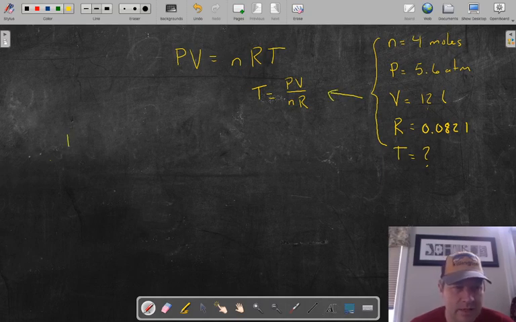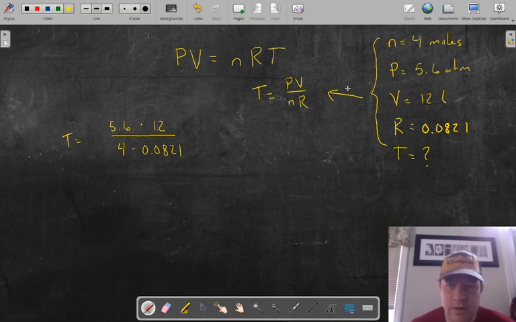So T equals 5.6 times 12 over 4 times 0.0821.